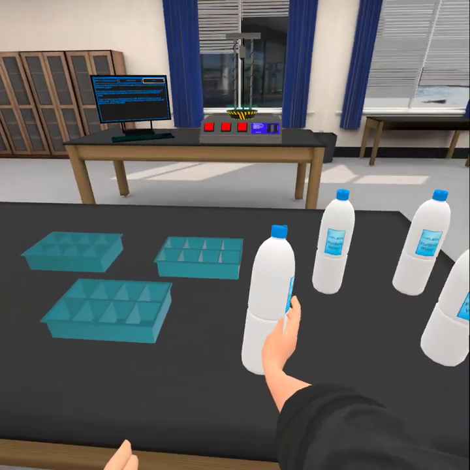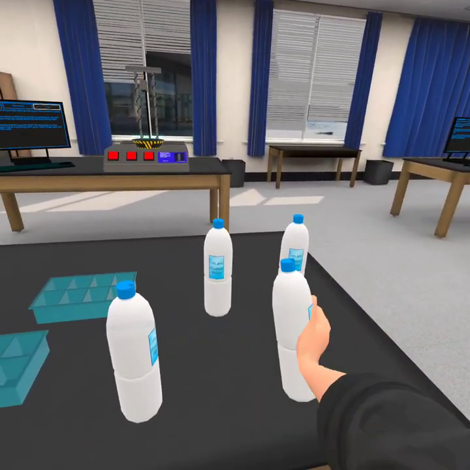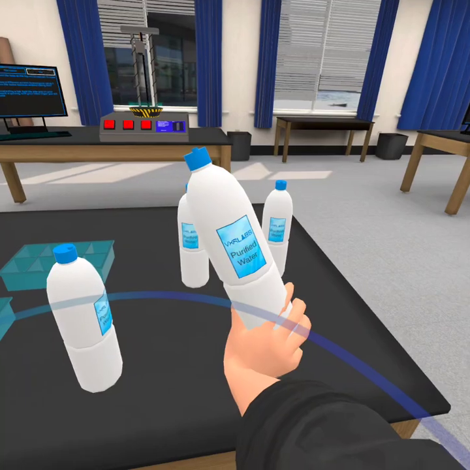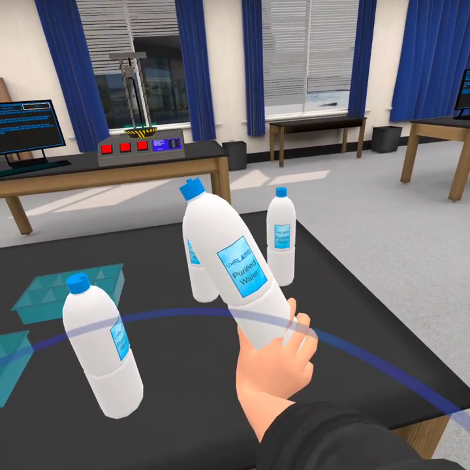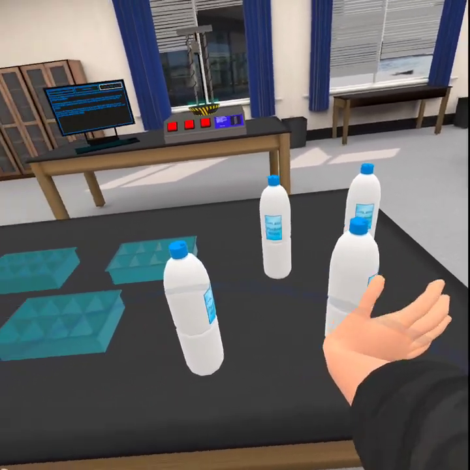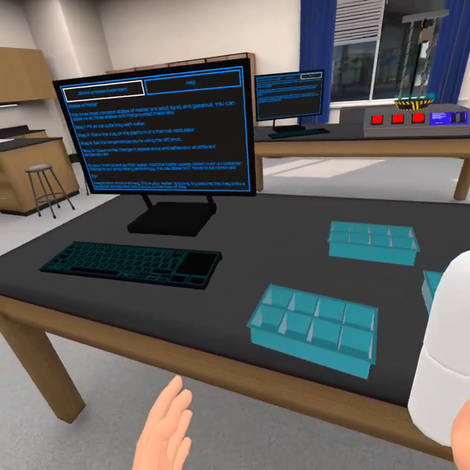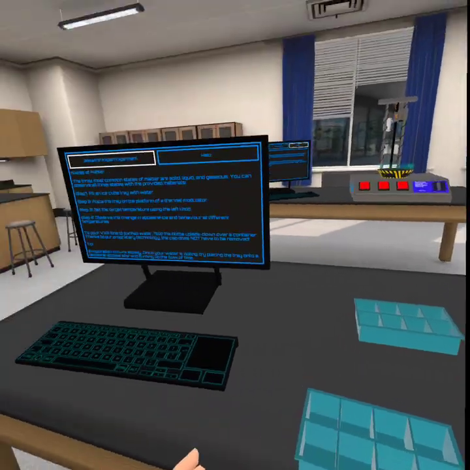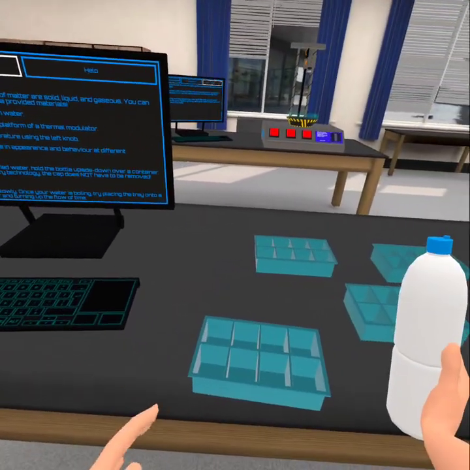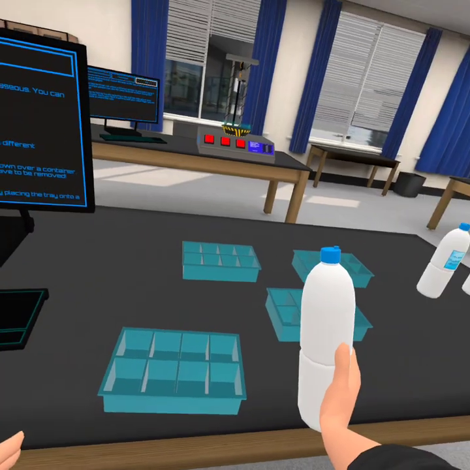Here it says purified water by VXR Labs. Keep it on the table, and now we will grab one bottle and go near the ice cube tray and fill this tray with water.